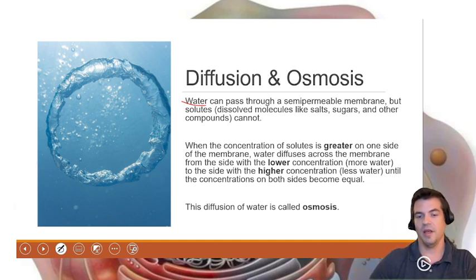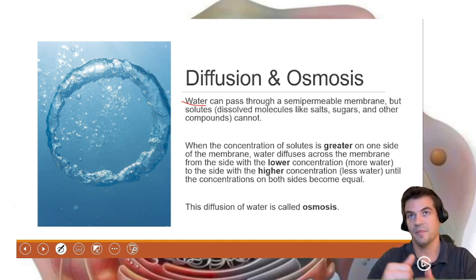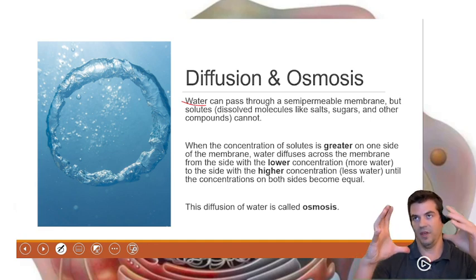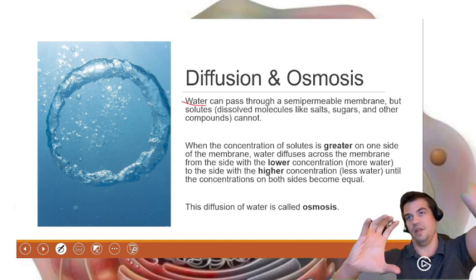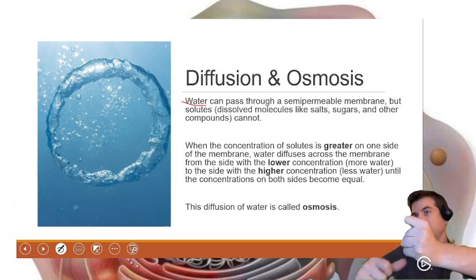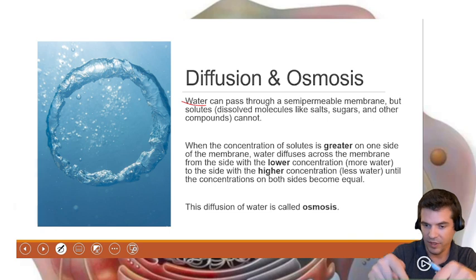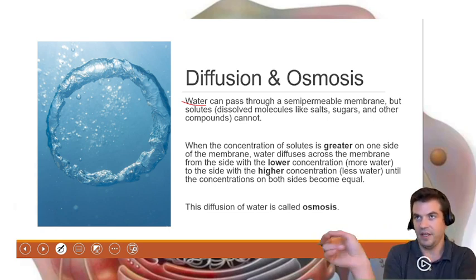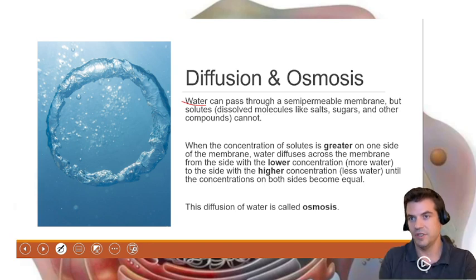Okay, so how do we think about that? Well, if you're in salt water and you put in a balloon of fresh water, all the salt is on the outside. So all that water inside wants to equal the salt on the outside, and so it'll rush out to try and equalize with that.